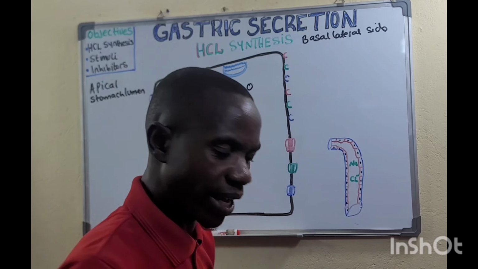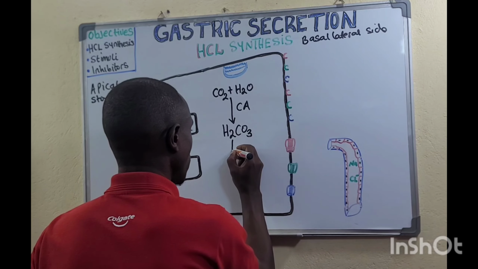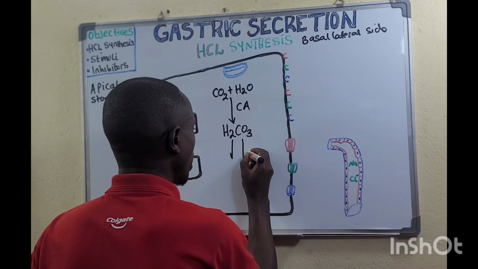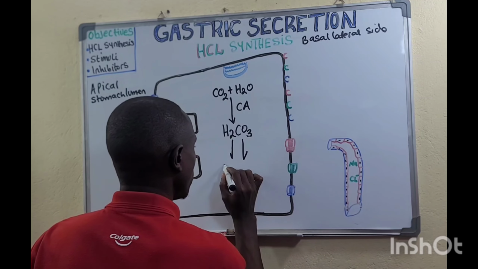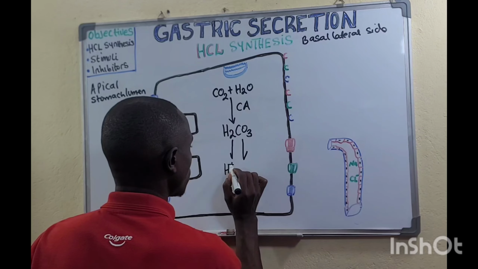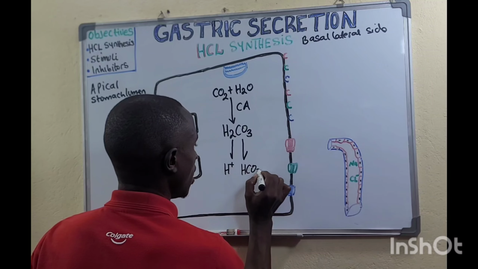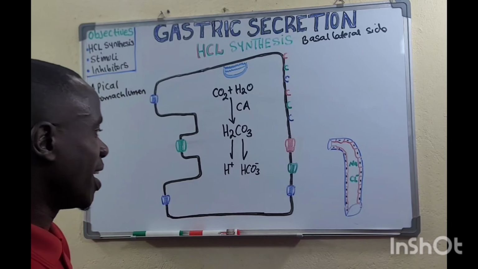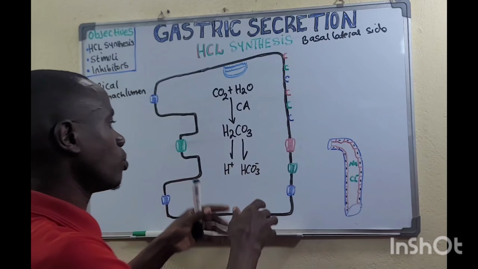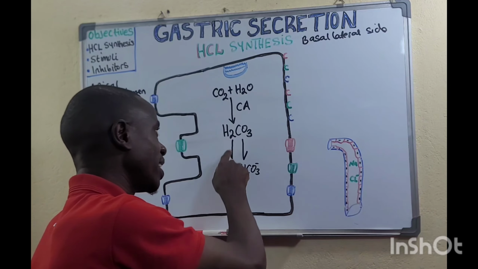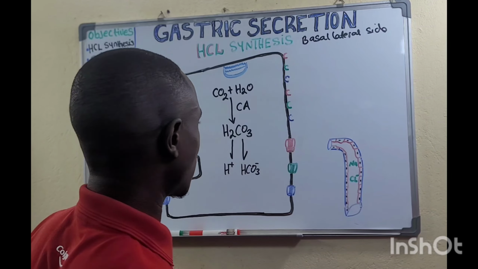It quickly breaks into two molecules. The first one is protons, and the second one is bicarbonate ions. These are the two molecules that come as a result of the splitting of carbonic acid.